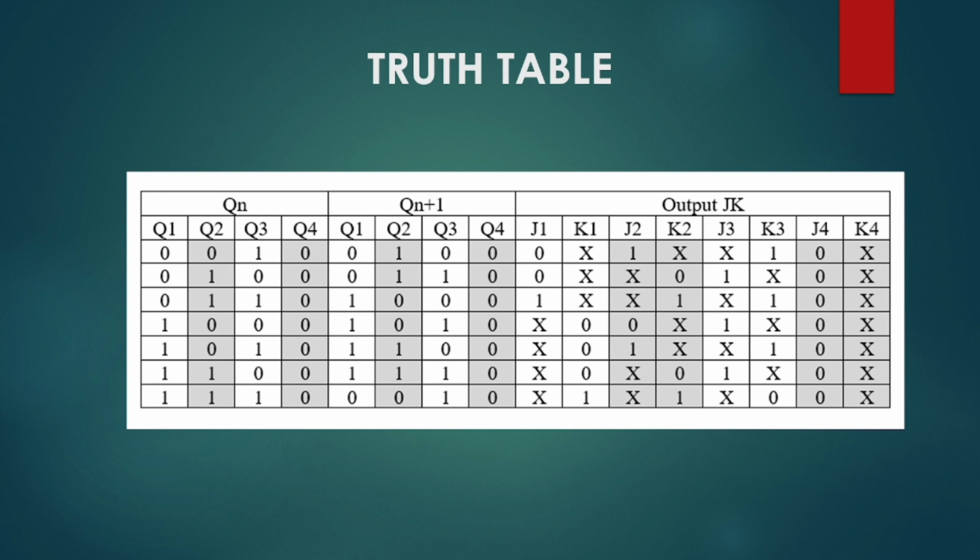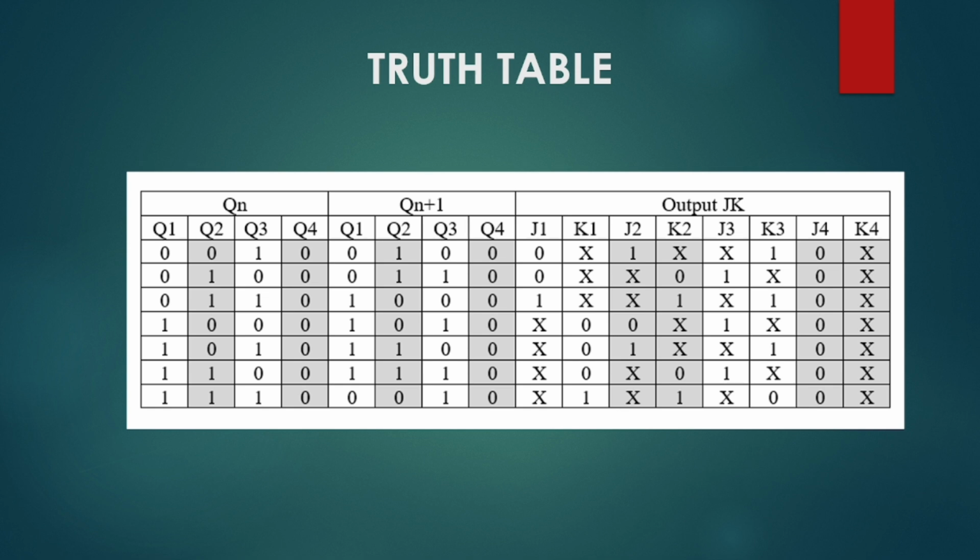So this is the truth table that my team and I have constructed to produce the circuit. Here we have Qn, which is the current state or present state, and Qn plus 1 is the next state.